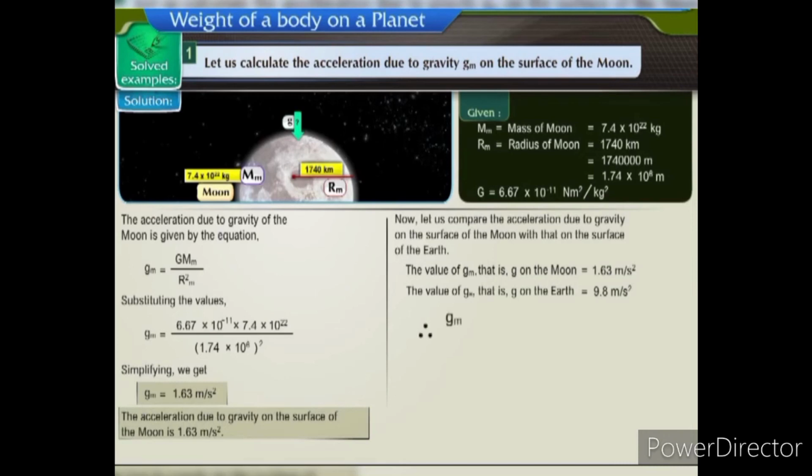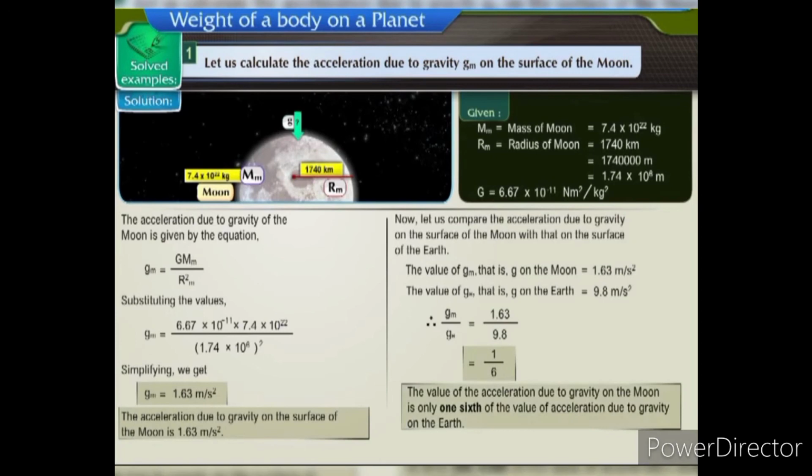Therefore, gm upon ge is equal to 1.63 upon 9.8, which is equal to 1 upon 6. Thus, the value of the acceleration due to gravity on the Moon is only 1/6 of the value of the acceleration due to gravity on Earth.